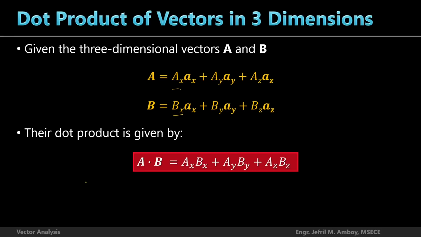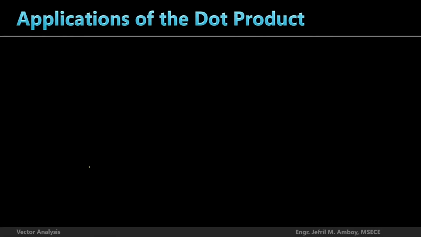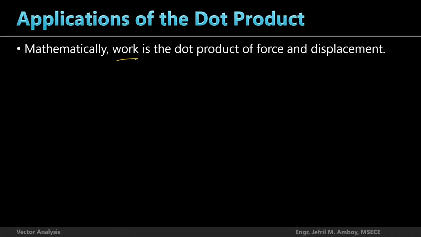And now that we already know how to get the dot product of two vectors, let us find out where they are used. What are the applications of the dot product? Mathematically, work. This work that I am referring to here is the familiar work in physics. This work is a dot product of force and displacement. Remember that force and displacement are both vector quantities.